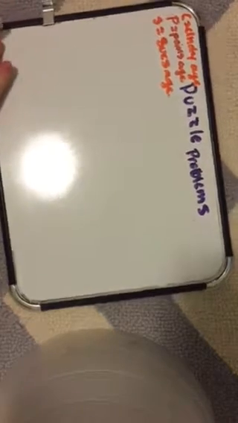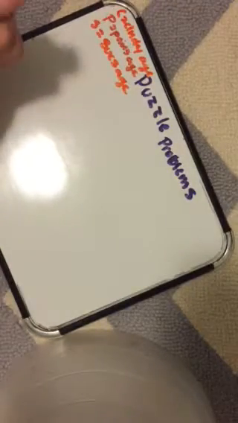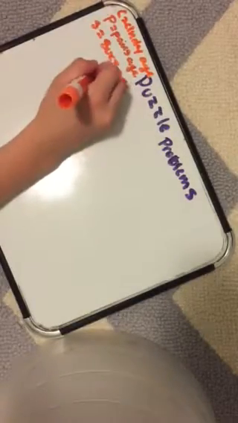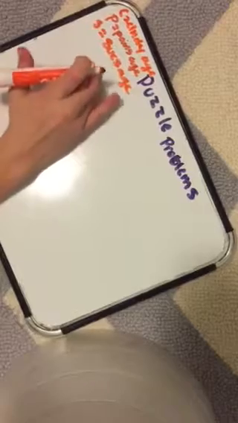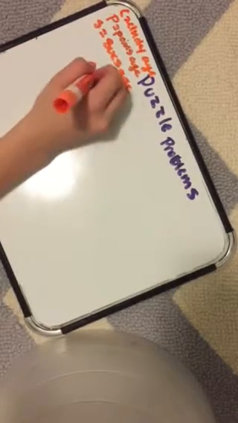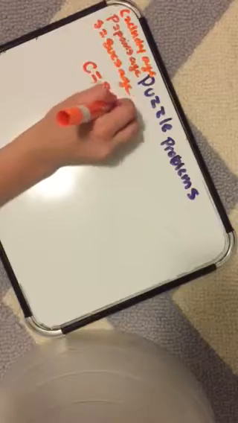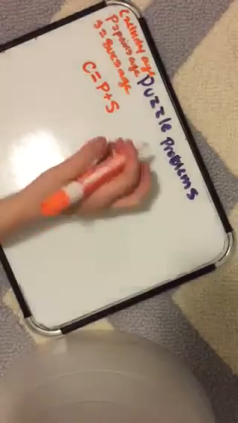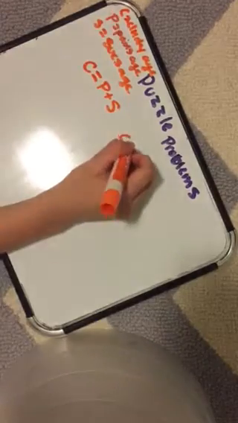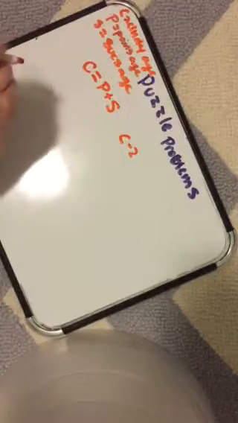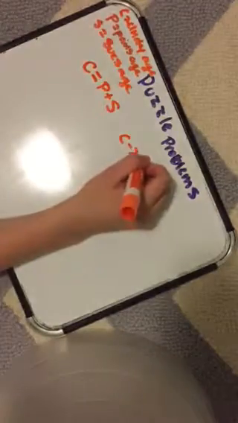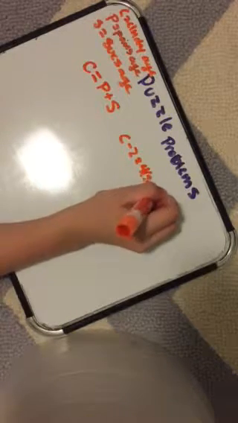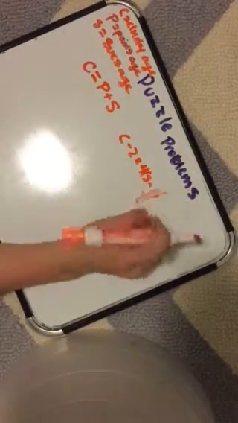So now with what we have just read, we're going to set up our 3 equations. The first one we have is C equals P plus S. Then the next equation that we are going to have is C minus 2, because in the second part it was 2 years ago, equaling 4 times S minus 2, so then we can get the full problem.